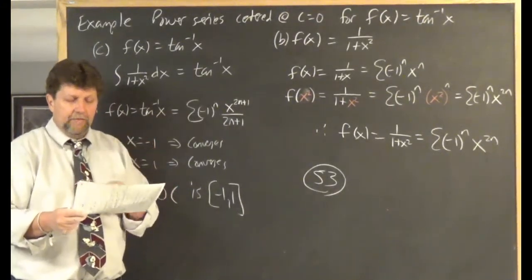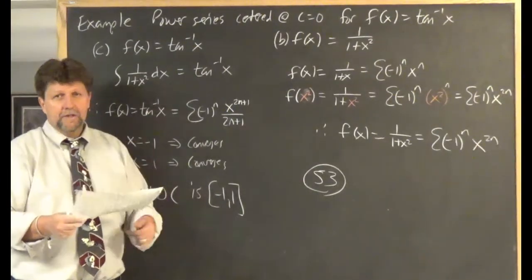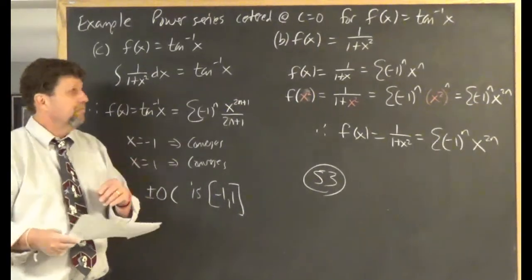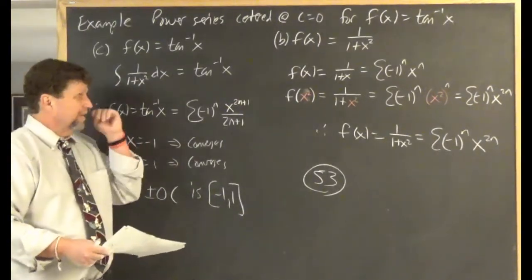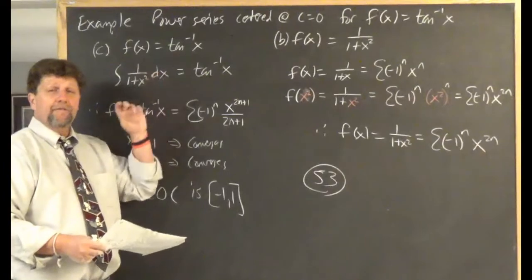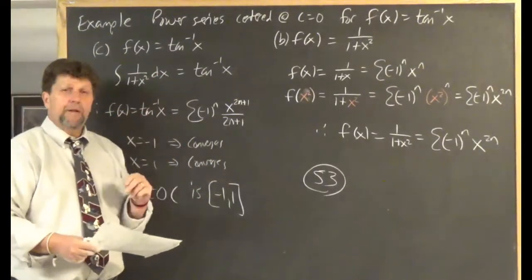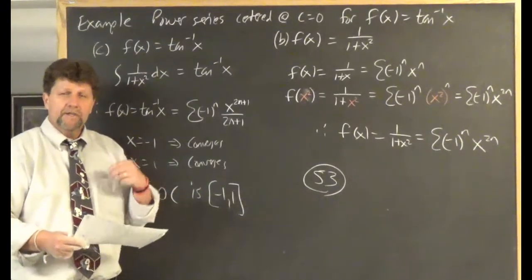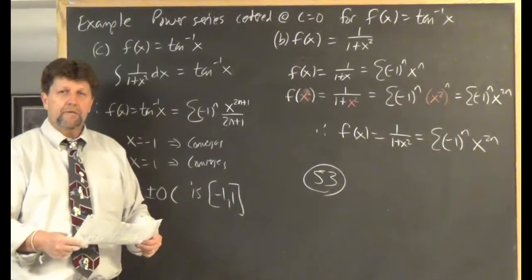I think that can help you quickly answer number 53. So pause the video, use what we learned here for part A to help you do number 53. When you're done, restart the video. I'll be here at the board cranking through it.